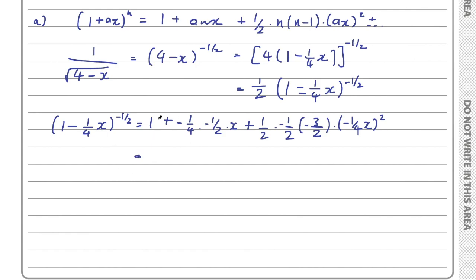Okay, let's see if we can simplify this. Well, we've got 1. A quarter times a half is 1/8, and those negatives would cancel, so we'd have 1/8 x. Looking at the denominators, we would have 8 as the denominator and 3 as the numerator.